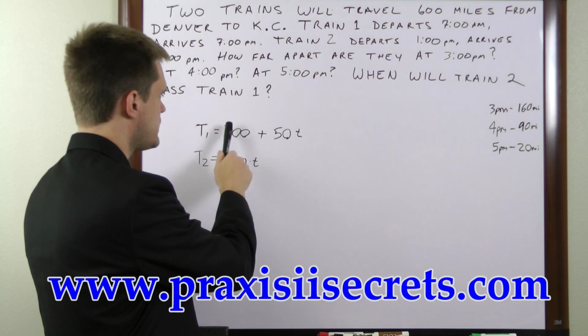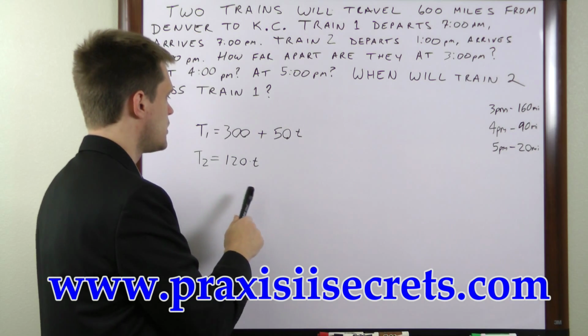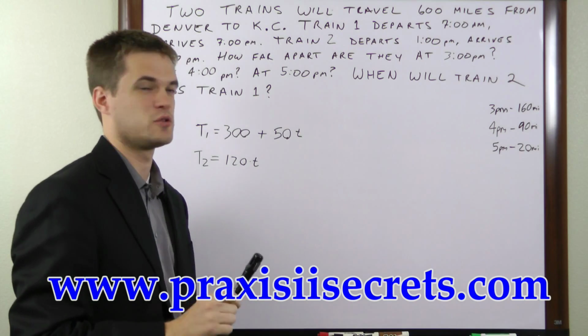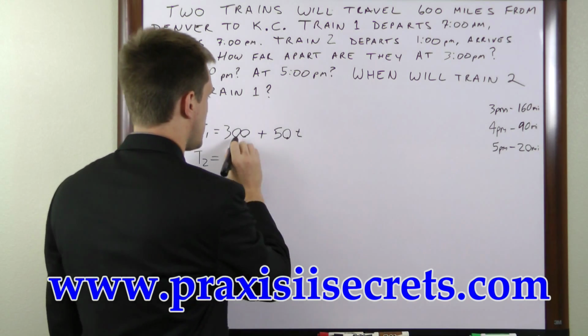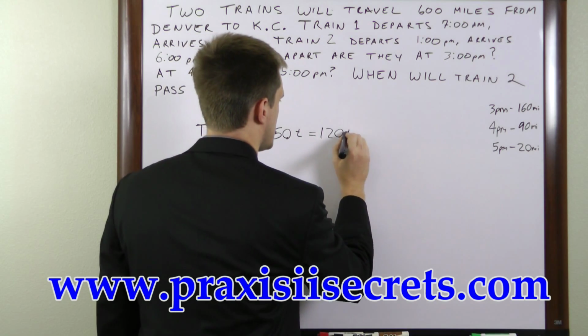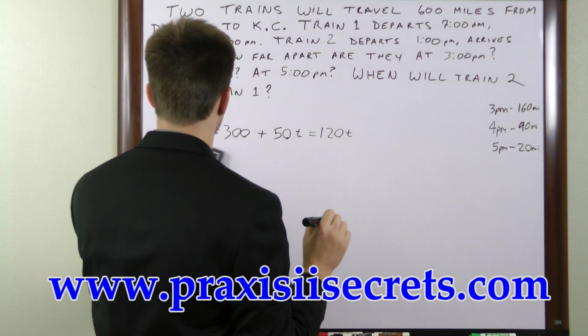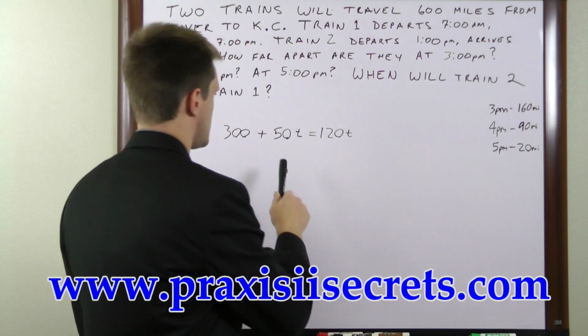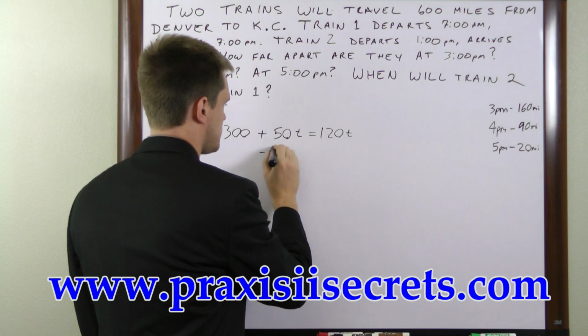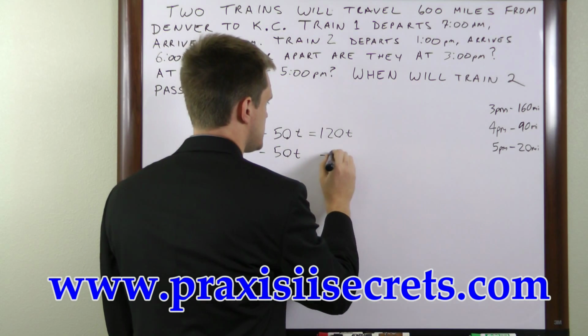Now, to find out when these 2 are in the same position, all we have to do is set these 2 expressions equal to one another. So we'll write 300 plus 50t equals 120t. So to solve this, all we're going to do is subtract 50t from both sides.